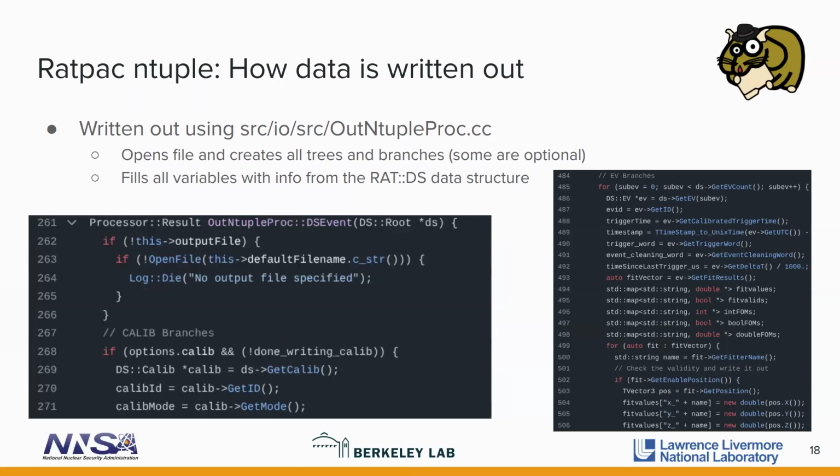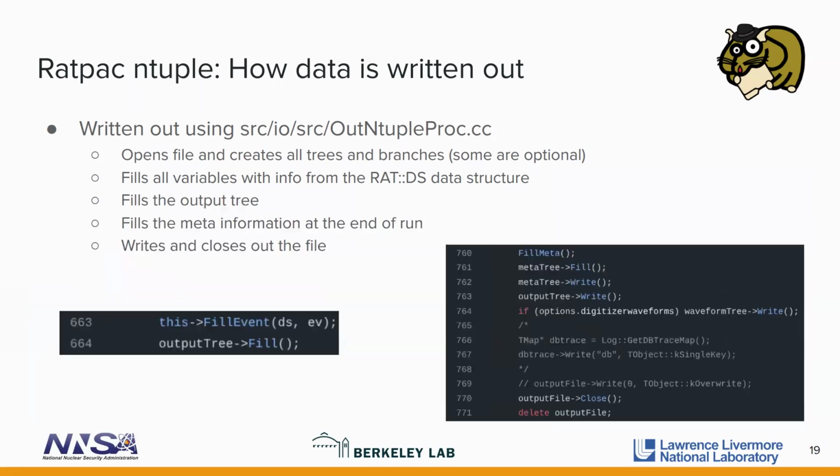Then it will go through the rat.ds data structure and fill all of the variables based on what's in the data structure. And then it fills the output tree for each event and fills the meta information once at the end of a run. And then it writes out the file and closes it for you to analyze later.